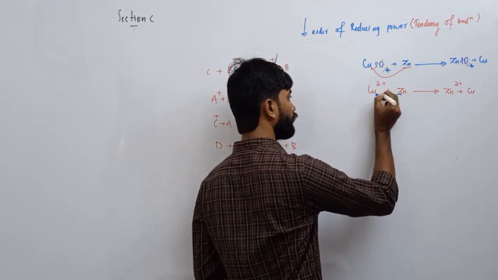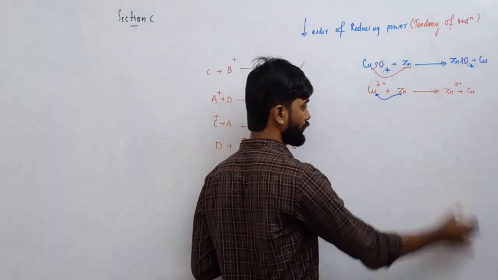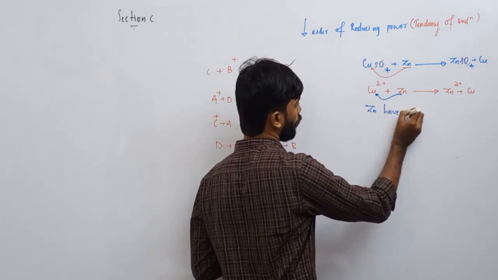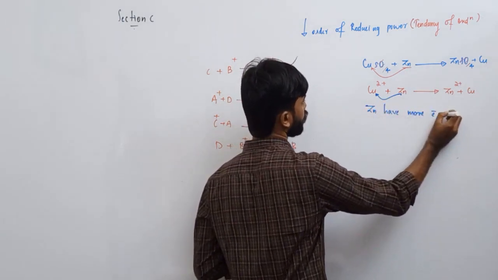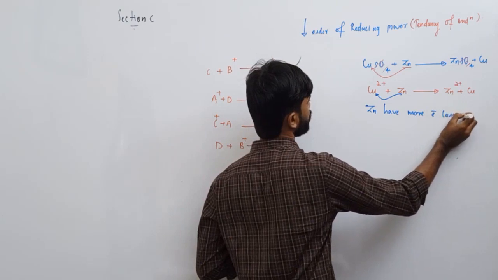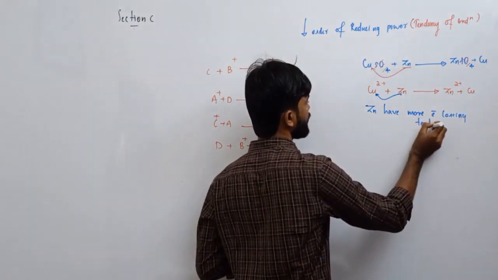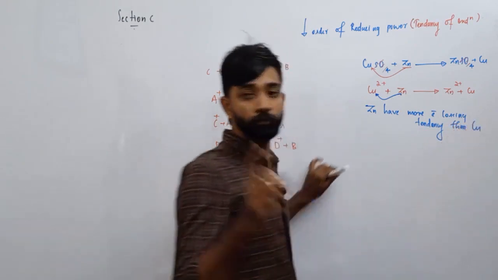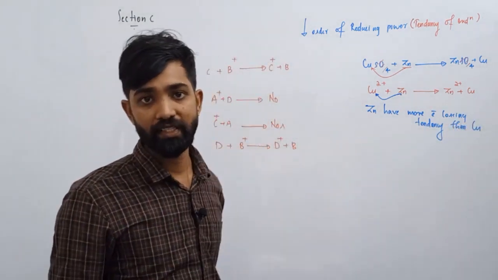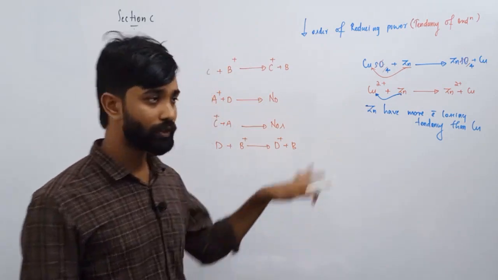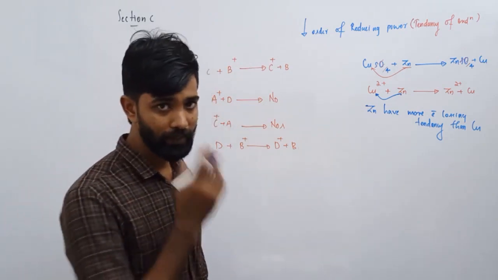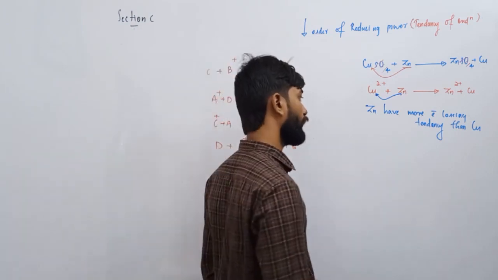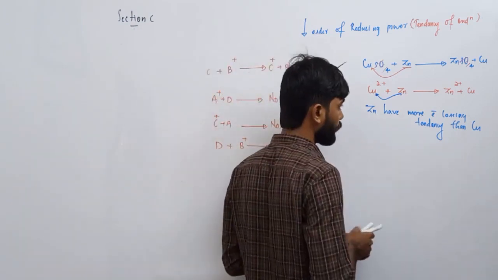So if this reaction takes place, it means zinc has more electron losing tendency than Cu, right? Zinc has more electron losing tendency than copper.